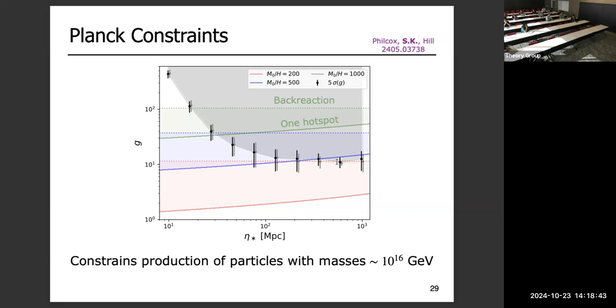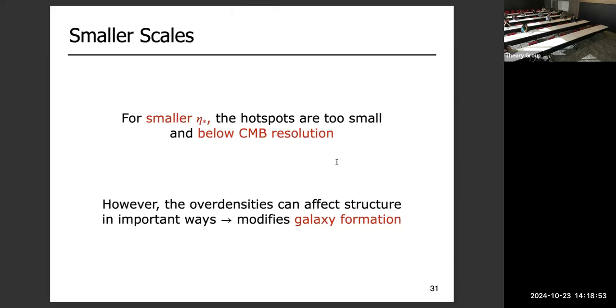But then in some sense, we also want to push to smaller values of eta star. Fundamentally, of course, the CMB would be limited, but that is where other observables, such as galaxies, can come in, because these are overdensities, and even if the hotspots are too tiny in size, they can still affect how matter and everything else clusters later on.